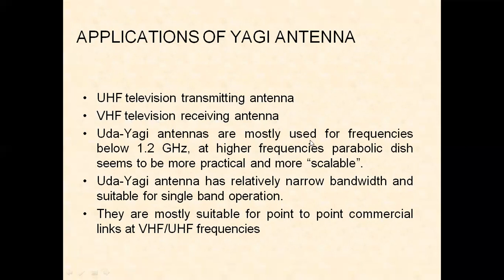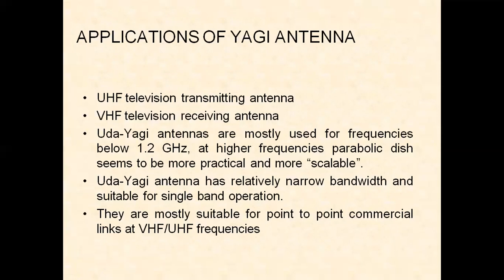Yagi-Uda antennas are mostly used for frequencies below 1.2 gigahertz. At higher frequencies, the parabolic dish antenna can be used, at frequencies above 1.2 gigahertz, whereas below 1.2 gigahertz we can make use of Yagi-Uda antennas. Yagi-Uda antennas have relatively narrow bandwidth and are suitable for single band operation.